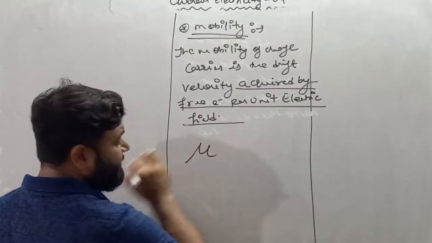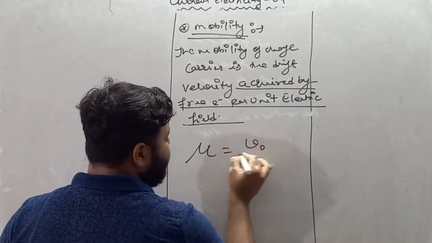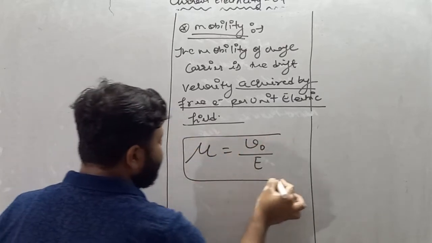So mobility is represented by μ and it is drift velocity per unit electric field.